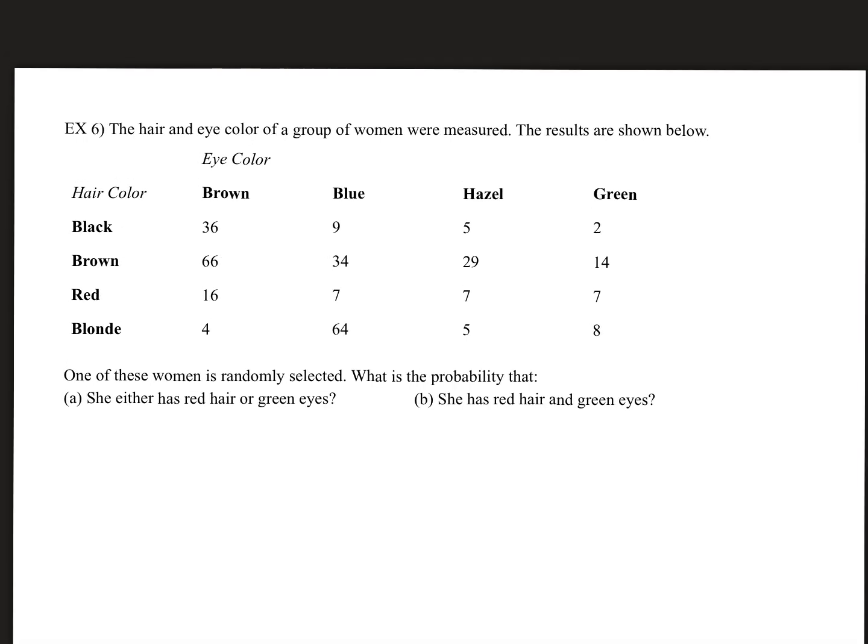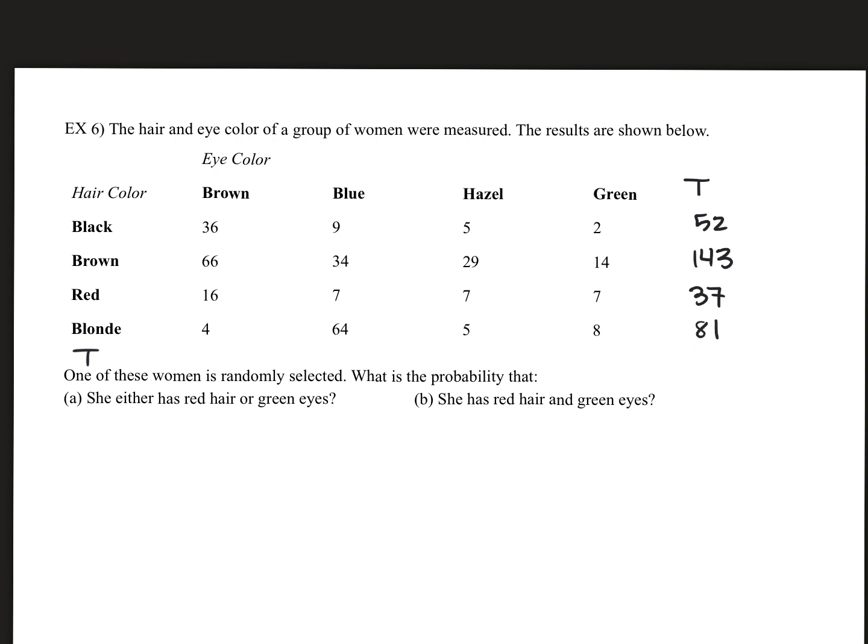It gives me 52, so total. Then brown hair, 143, and then red hair, 37, and then blonde gives me 81.